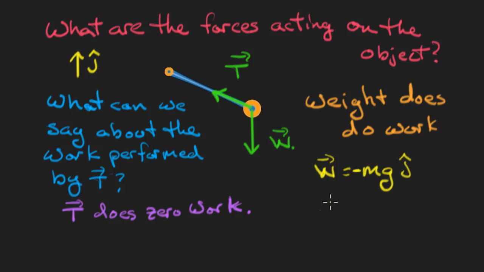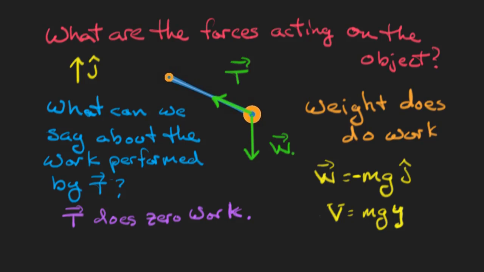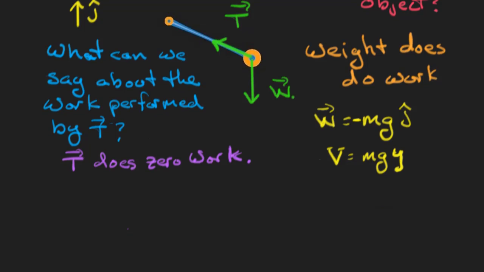We've seen this before. This potential is m times g times y, if y would be our vertical coordinate for position. So this is awesome. This is telling us that our system is conservative. That is, we take this quantity, T plus V. The T is not that T, by the way.